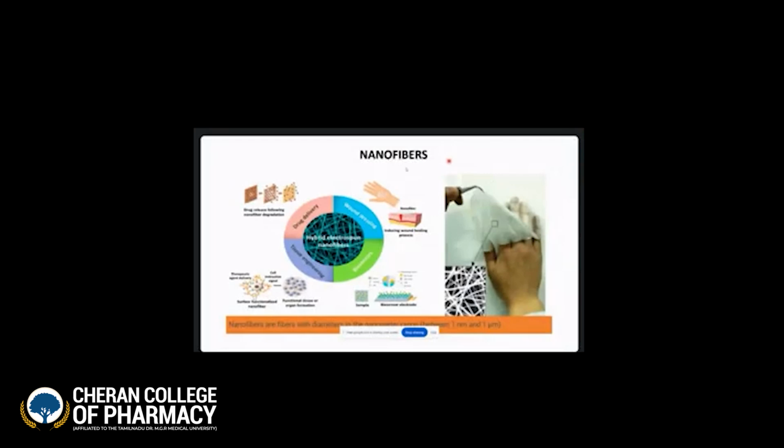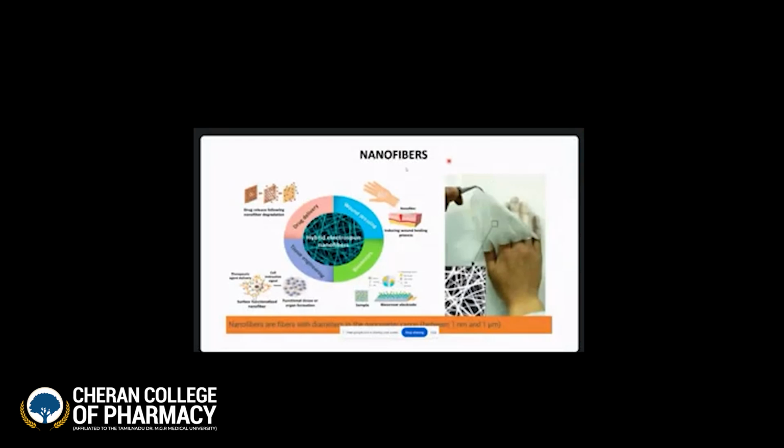But before getting the nanofiber, we always need to optimize our formulations, because you cannot simply get the nanofiber. We need to optimize the solution and the instrument. First is the deposition distance.